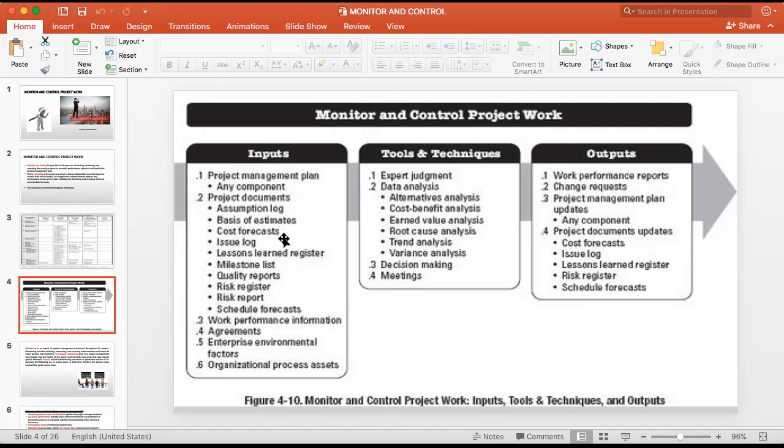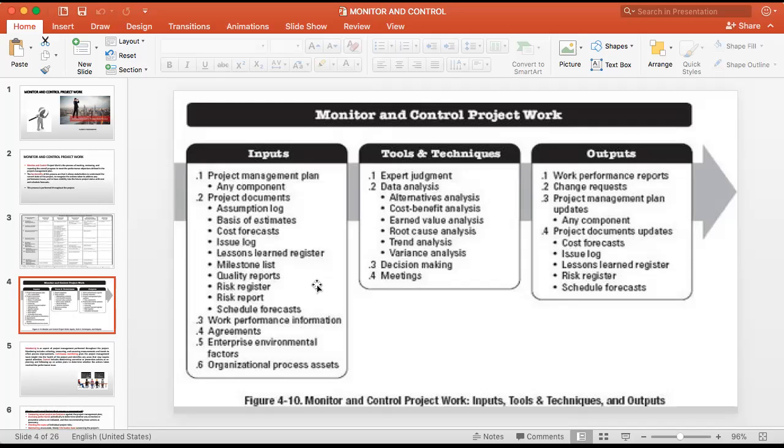Your cost forecast, as an example, if you say by next August you have to spend 100 million, that is your cost. If you don't have that detail, how can you monitor? How can you monitor whether we are reaching the correct target or not? We have to decide. So for that you need this forecast.